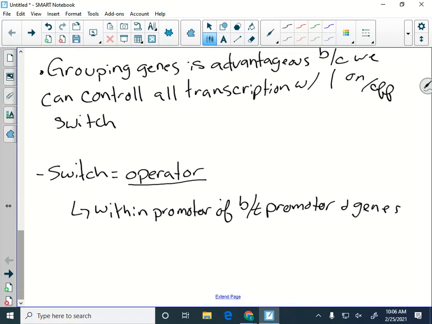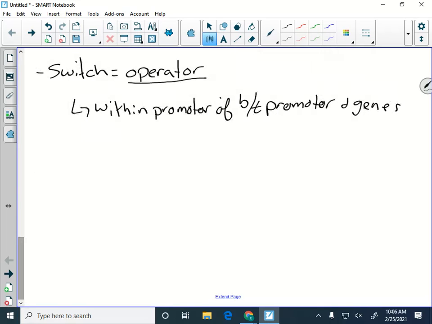And what they do, the whole point of an operator, is to control access of RNA polymerase to genes.